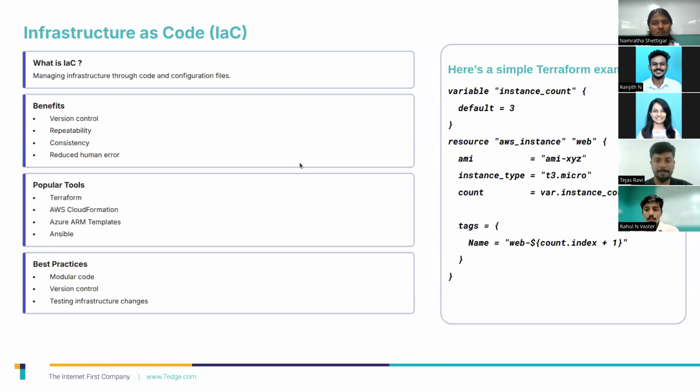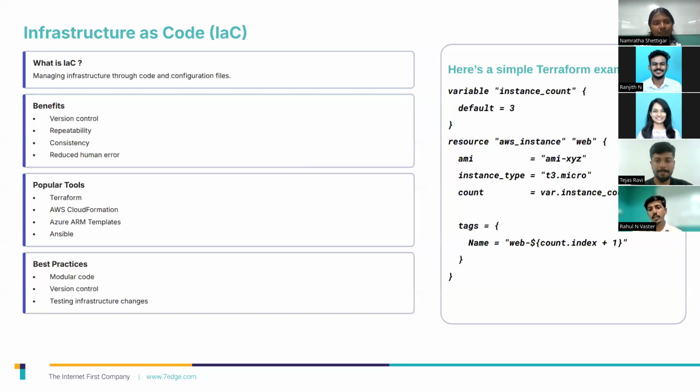For a simple Terraform example, I think I have already shared where you can go through the code. It's very simple. There is a resource which I am creating, EC2 instances. If I run that one time, by default it will create three EC2 instances. You can see the automation; I don't need to configure much, everything is already prepared.